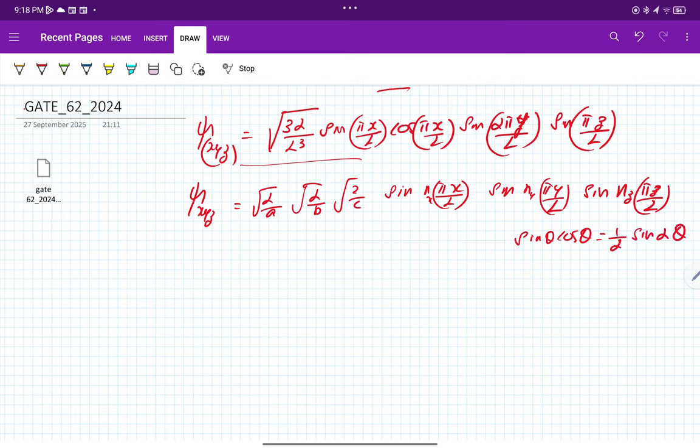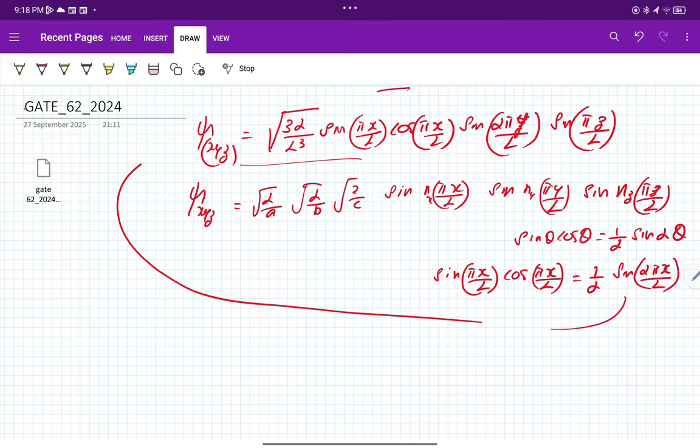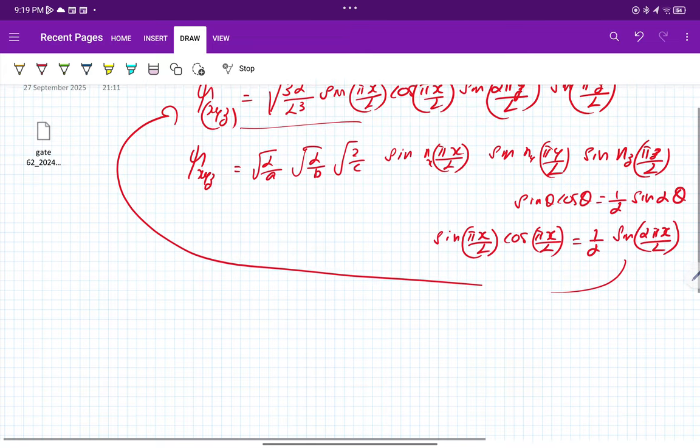So we can write sin(pi x by L) cos(pi x by L) as 1 by 2 into sin(2 pi x by L). We can easily substitute it here. Let us see what will happen.